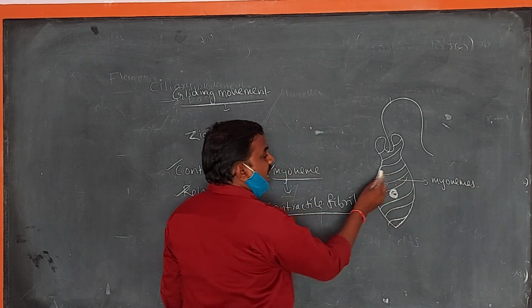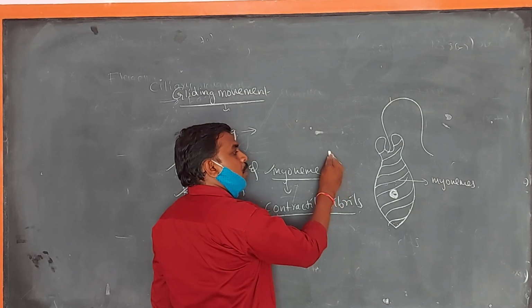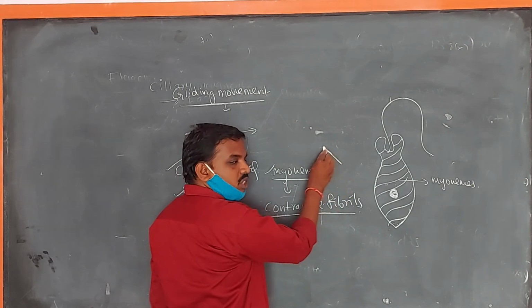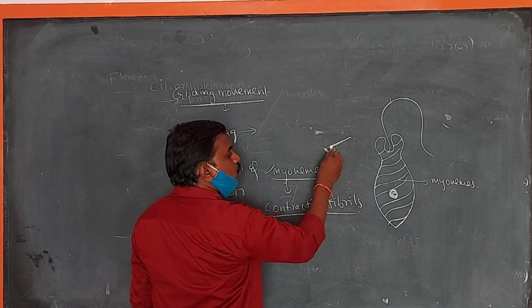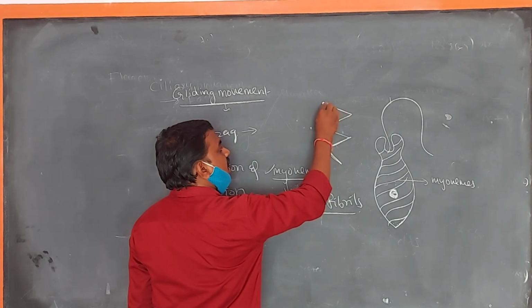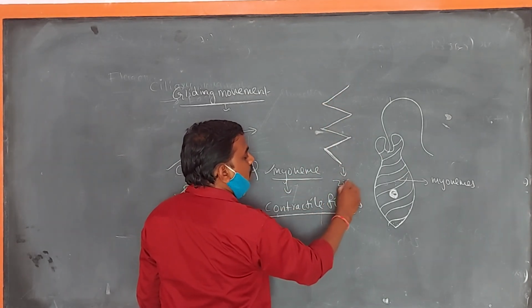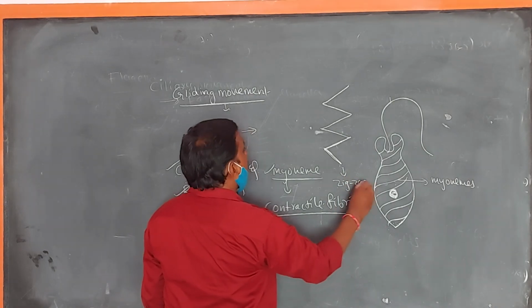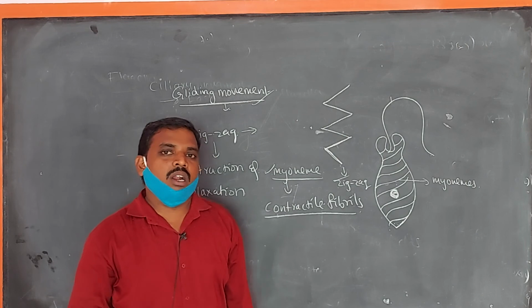So by the contraction of myonemes, the protozoan animal Euglena moves in this direction, then relaxation moves it to the other direction. Contraction, relaxation, contraction, relaxation. So this type of movement is also called the zigzag movement or gliding movement.